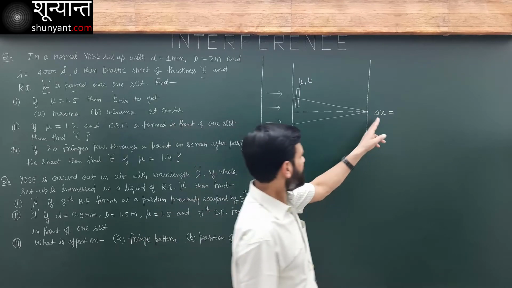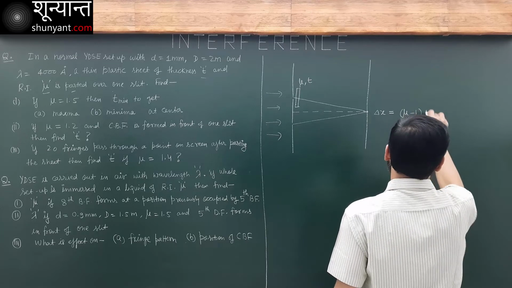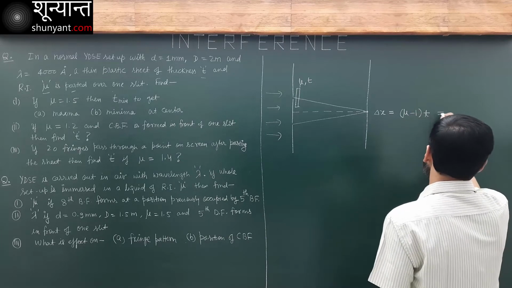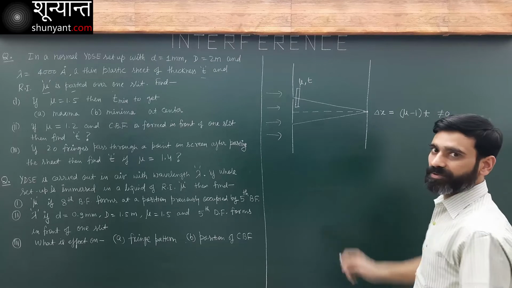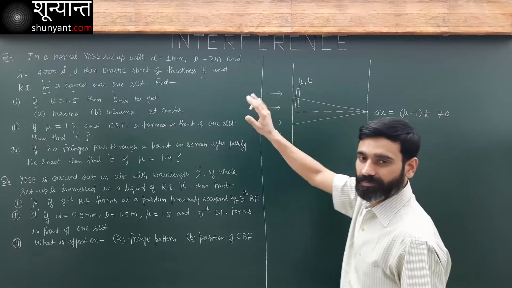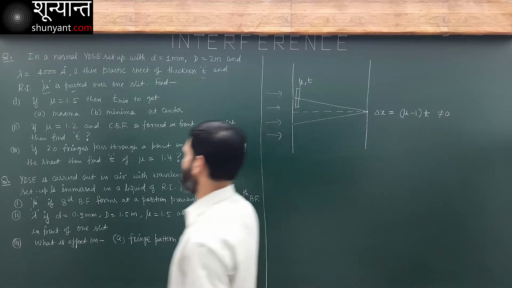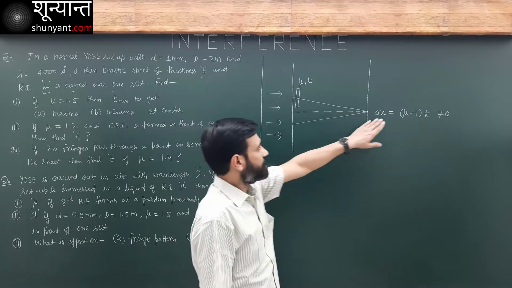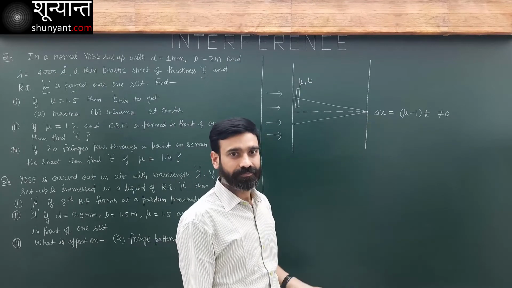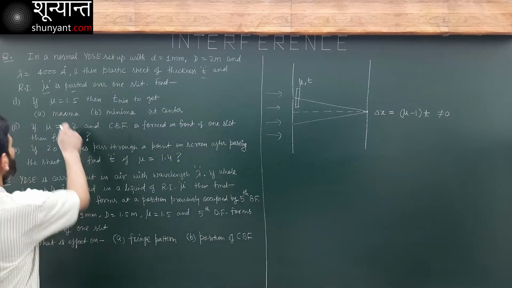At this point the optical path difference is equal to (mu minus 1) times t. It is not equal to 0. It will be 0 only if mu becomes 1, that means if there is no sheet here and everything is air. So if it is not 0, it can be anything. Now what I want is a maximum.